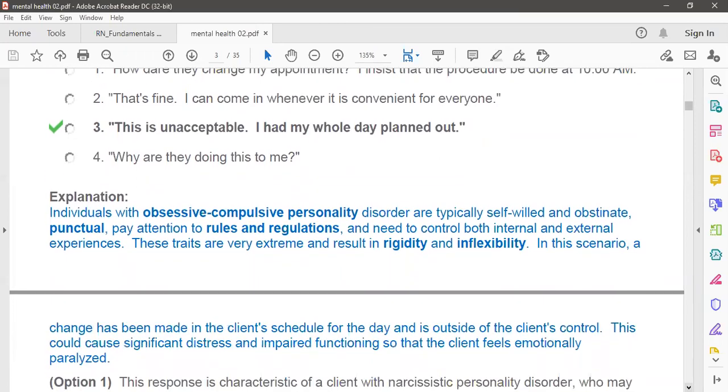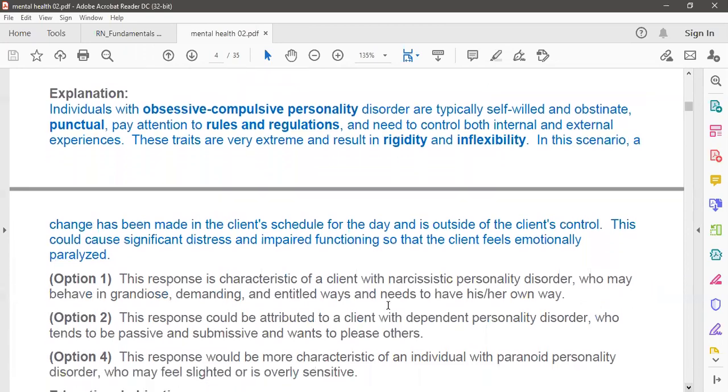Here, let me read their explanation. Individuals with obsessive compulsive personality disorder are typically self-willed and obstinate, very punctual, and like to pay attention to rules and regulations and need to control both external and internal experience.